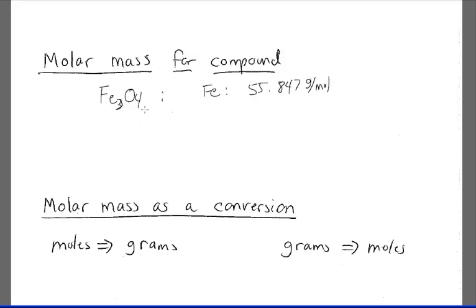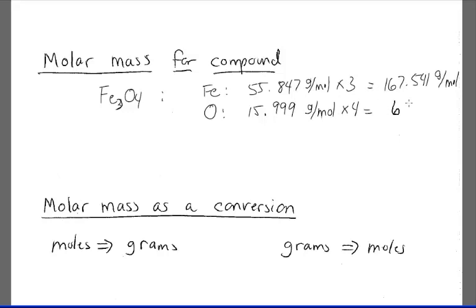And since there's 3 of them in the molecule, we multiply it by 3, which is 167.541 grams per mole. For oxygen, the individual atomic mass is 15.999 grams per mole, and we have 4 of them, so multiply it by 4.